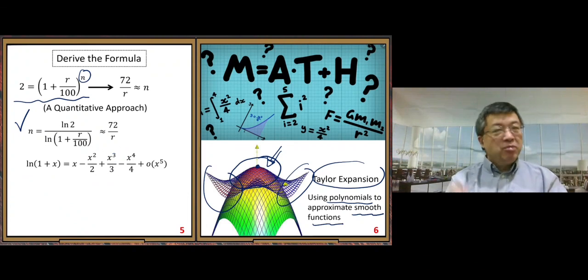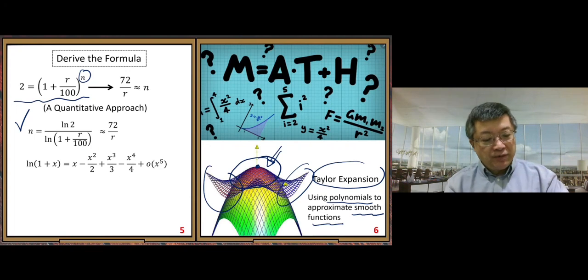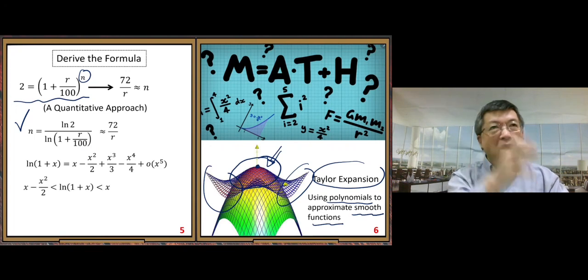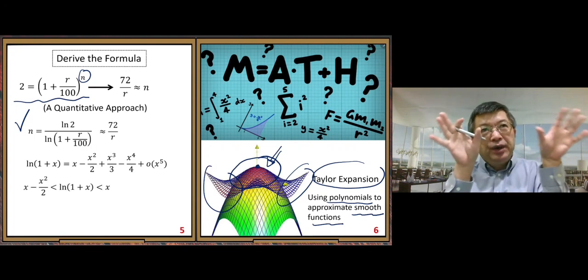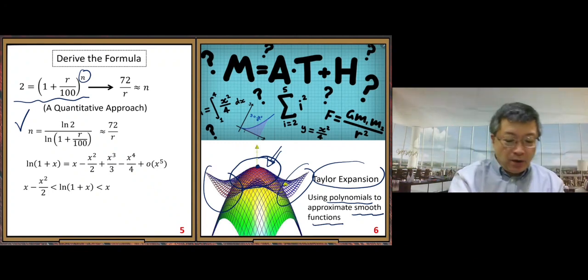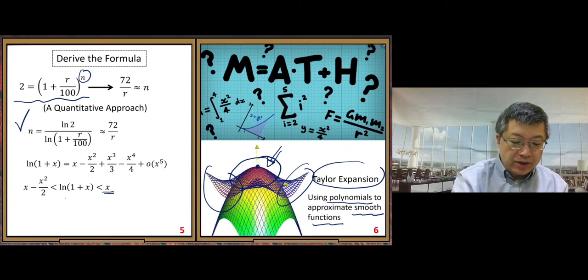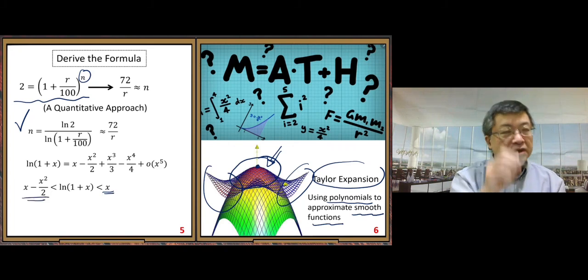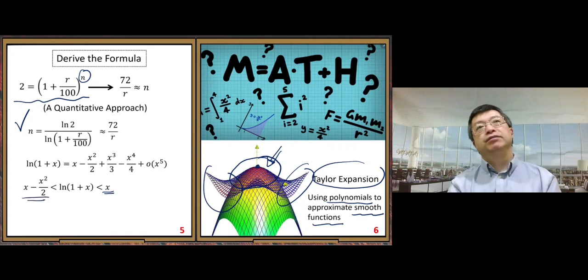Based on that interpretation, we can use the inequality to bound the original function. Upper bound x, lower bound x minus x squared over 2. Although if you want to prove it, you can use calculus to prove it.